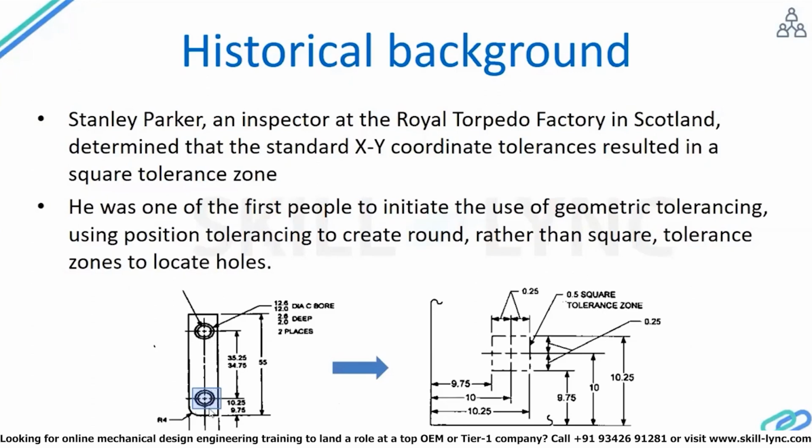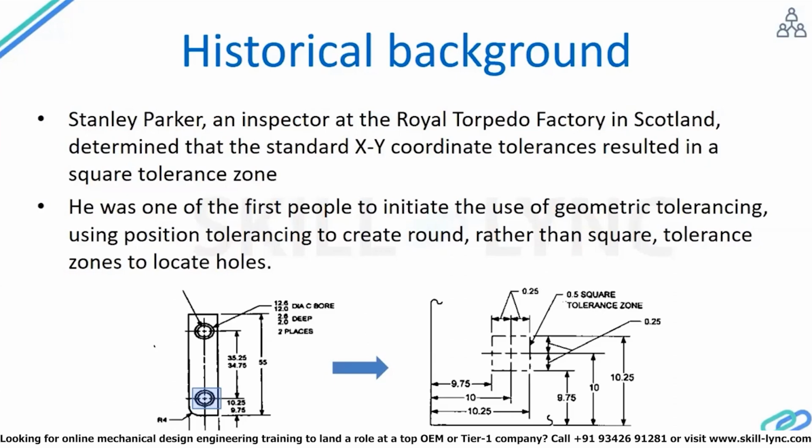In our case, it would be the cylindrical hole here. Instead of dimensioning the axis of the hole, he started to dimension the hole geometry. This is where GD&T started. The geometric dimensioning and tolerancing started.